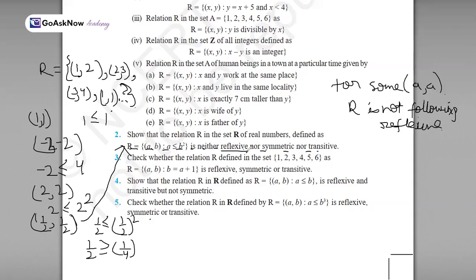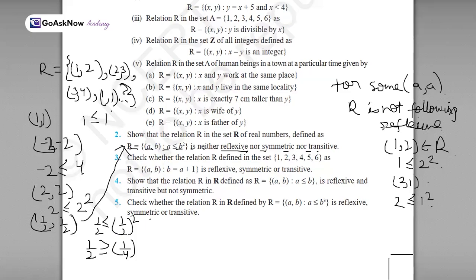Now I have to check whether it is symmetric or not. So suppose that (1, 2) belongs to relation R, meaning that 1 is less than or equal to 2 square. Yes, it is correct. Whether (2, 1) belongs to R or not means that 2 is less than or equal to 1 square. No, it is totally wrong.